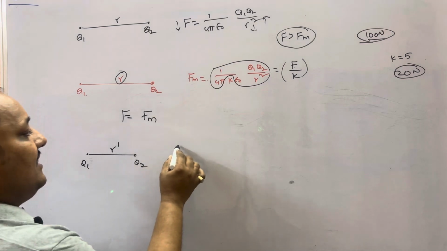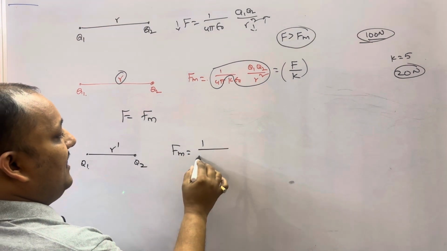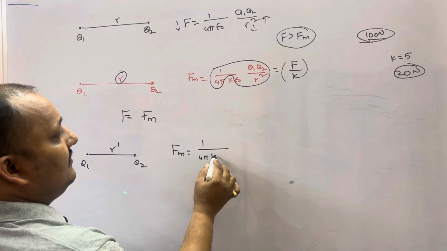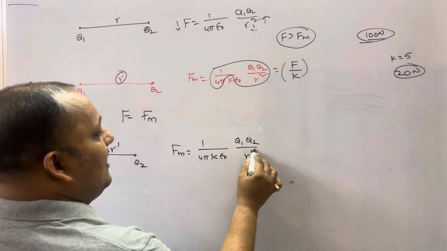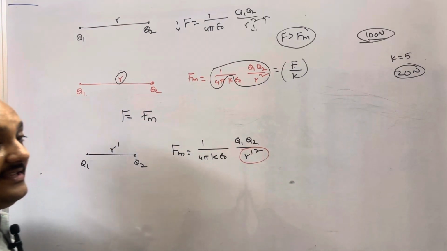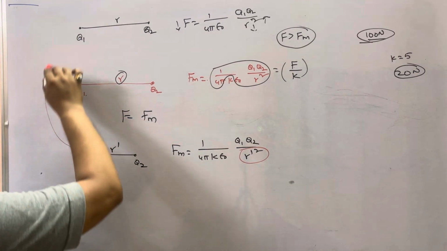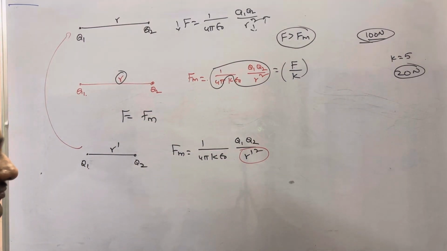Now what is the force in this medium? F medium is equal to 1 by 4 pi K epsilon naught q1 q2 by r dash square. At this distance, how much force is there in space? For this distance it is going to become equal.